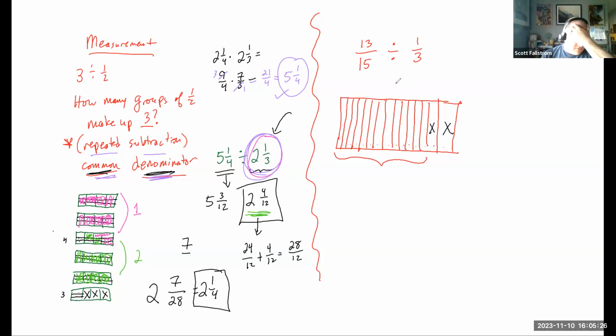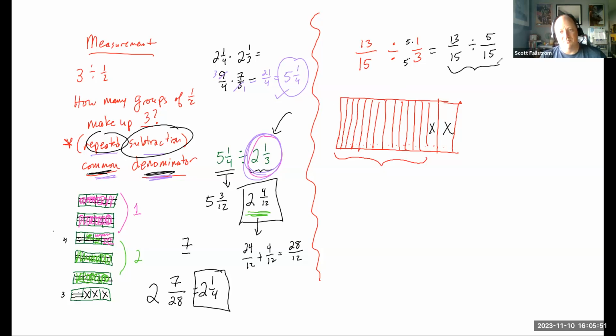But if you found a common denominator, and in this case, multiply by 5 and 5, you could help yourself see what kind of repeated subtraction you're doing here. This is 13/15ths. I'm now dividing by 5/15ths. So what I'm doing is subtracting 5 pieces at a time. And while you may not see it, you've really turned this problem into 13 divided by 5. Okay, you have 13 pieces.